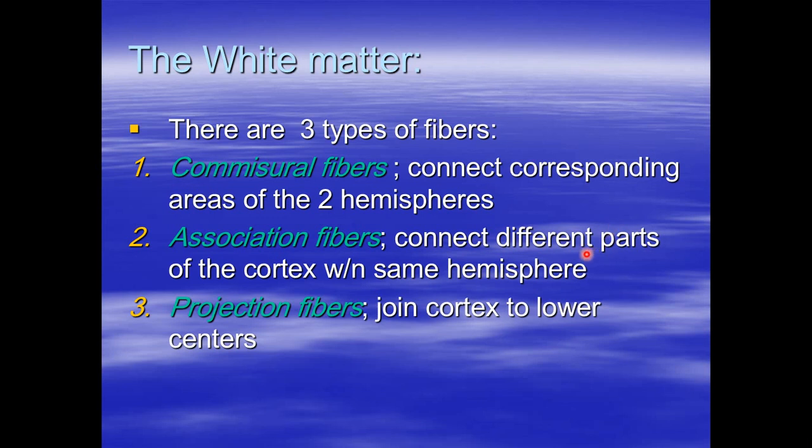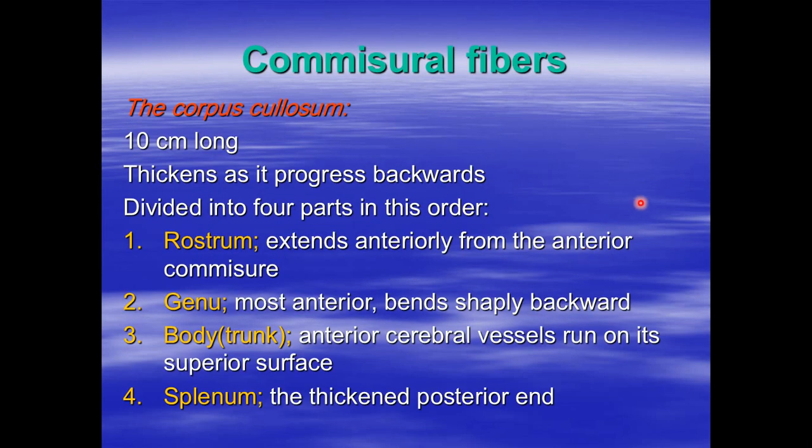The commissural fibers, the biggest one and the most obviously seen one, the one that contains the biggest number of fibers or wires, is the corpus callosum, which is about 10 centimeters in length, and it thickens as it progresses backwards.